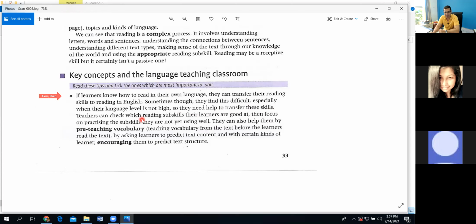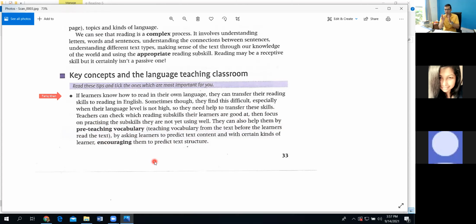Teachers can check which reading sub-skills their learners are good at, then focus on practicing the sub-skills they are not yet using well. They can also help them by teaching vocabulary from the text before the learners read the text, by asking learners to predict text content, and with certain kinds of learners encouraging them to predict text.